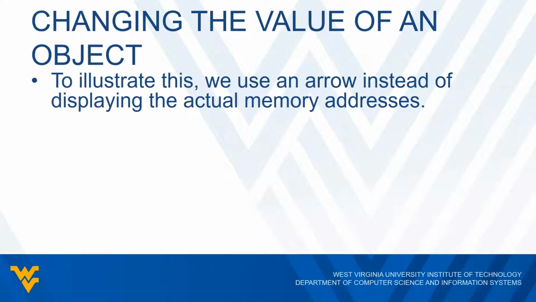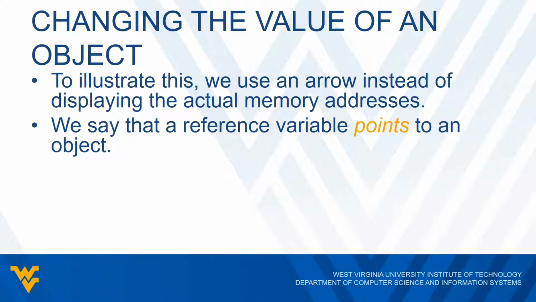If we wanted to illustrate this, we just use an arrow instead of trying to display the actual memory addresses, because we don't necessarily know what the addresses are until we run the code. So instead of having two memory cells, where the reference variable has an address that corresponds to another memory cell, we'll just use an arrow that says the reference variable corresponds to some object. So we say that a reference variable points to that object.